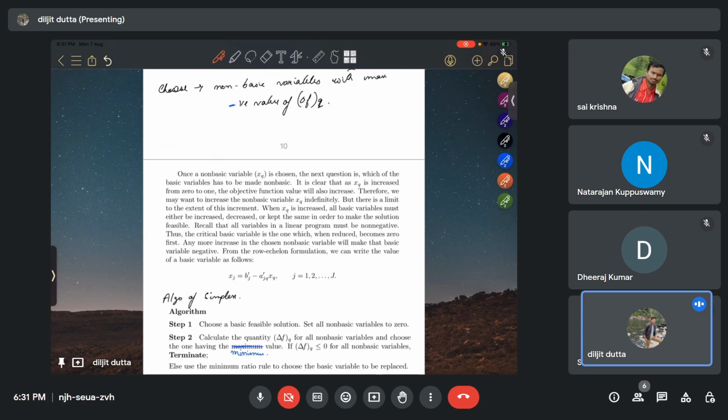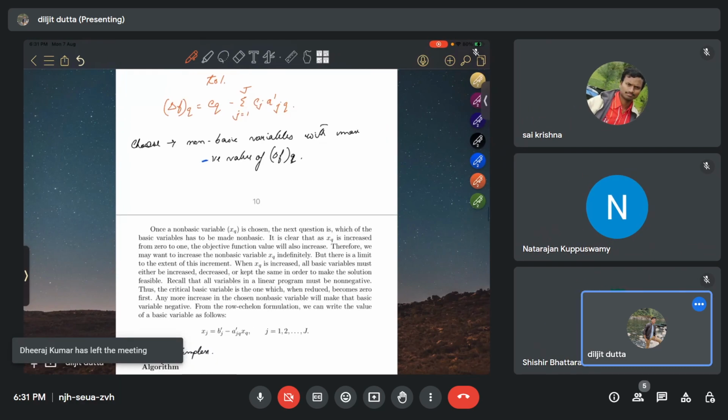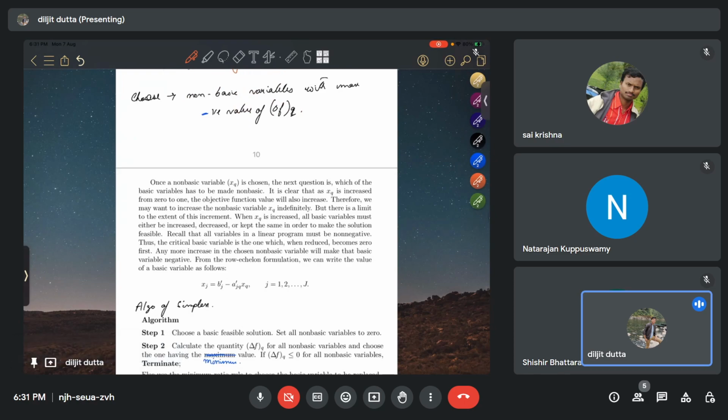So again, this is an excerpt from a book. I will just read through; I hope you can understand. Suppose we have selected one non-basic variable that will go into the basic solution. In that case, the next question is which of the basic variables has to become non-basic. We have to replace one of the basic variables with a non-basic one, right?